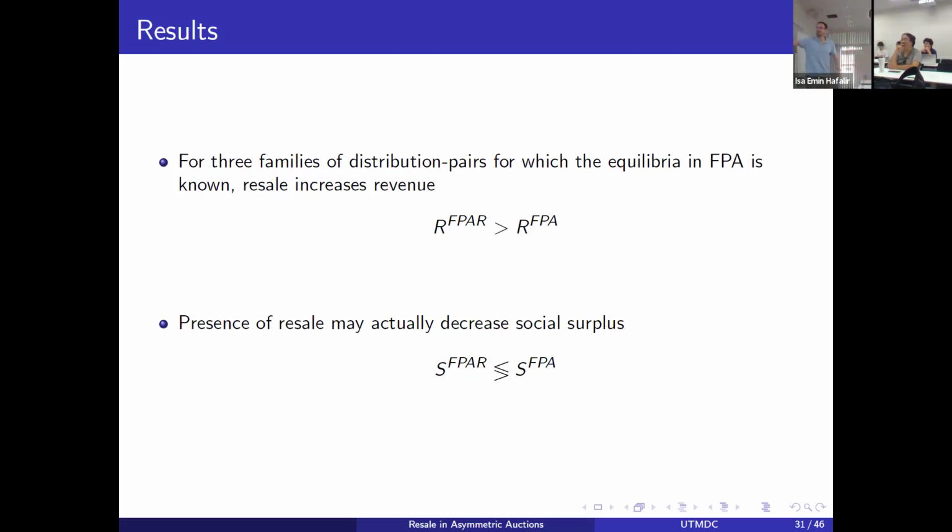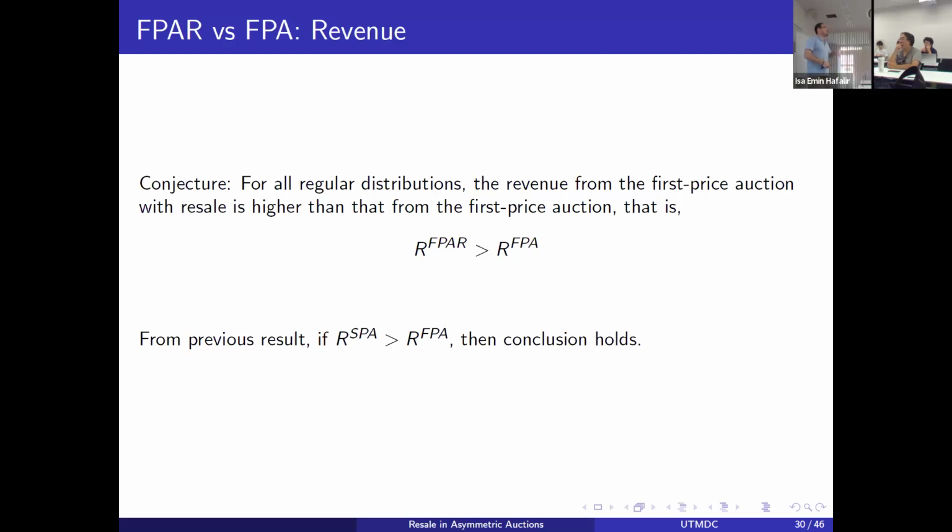So this is the surprising part, that actually resale may hurt social welfare. When you compare first price auctions without resale, that may in equilibrium have a higher surplus than first price auctions with resale. And that's what I want to basically show you in the next 15 minutes.